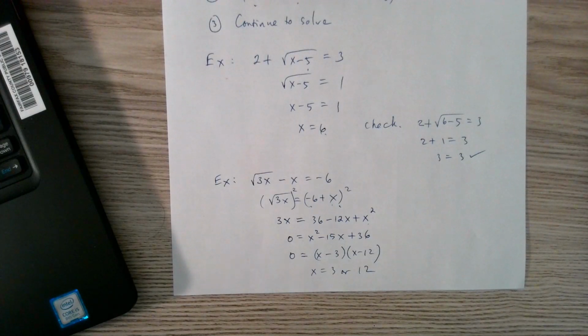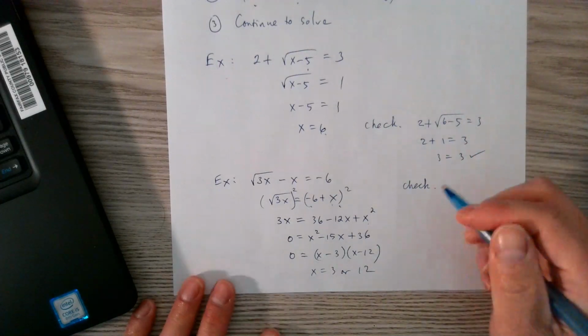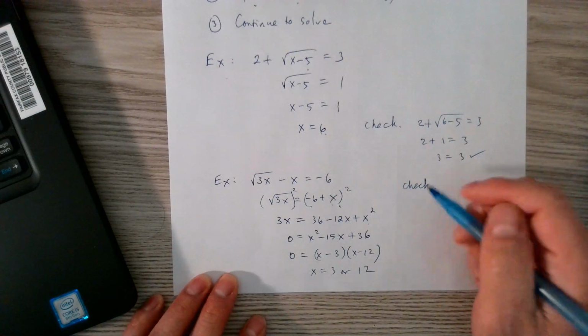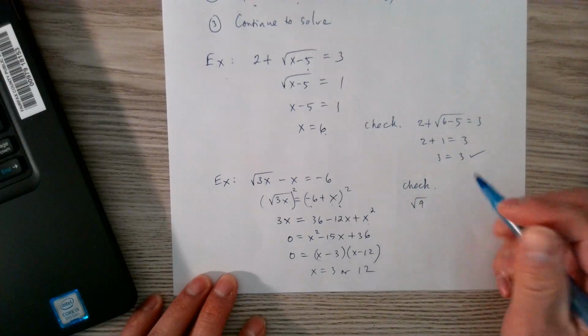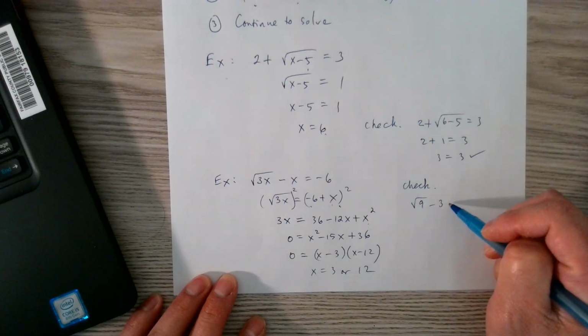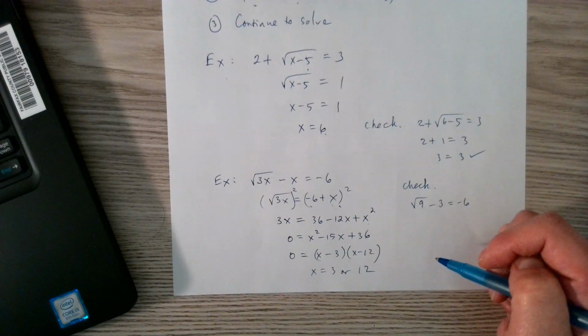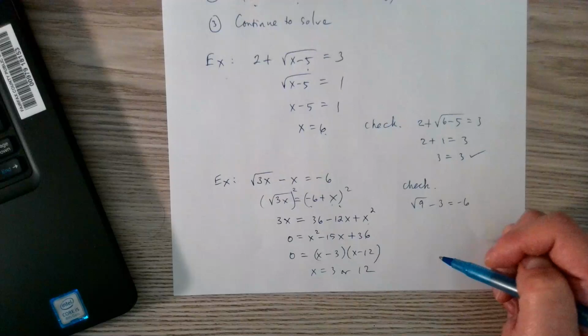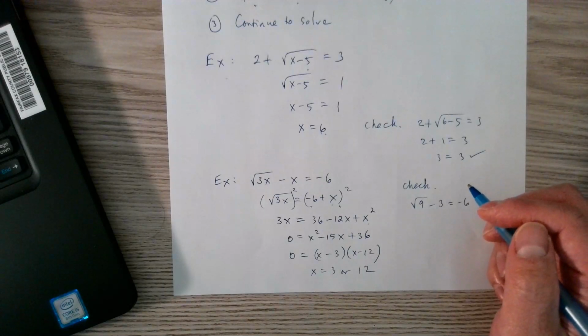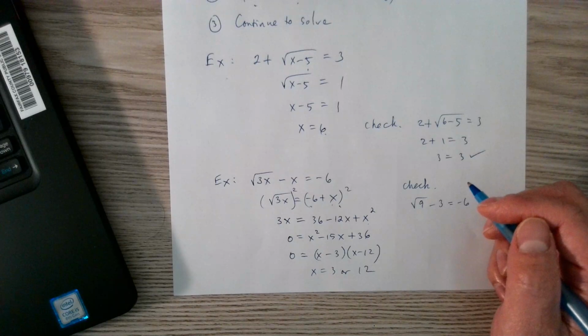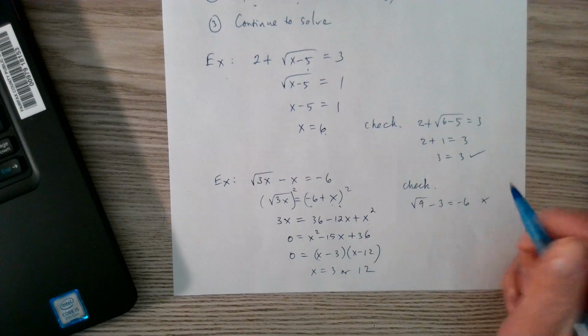Okay, now before I conclude there are two answers, I should check. So if I put 3 in, I get square root of 9 minus 3 equals -6. So that one doesn't work.